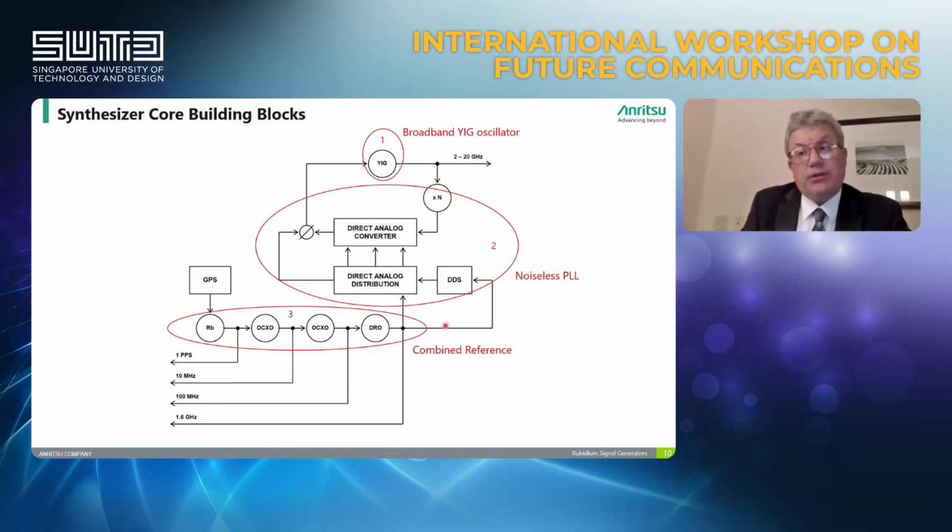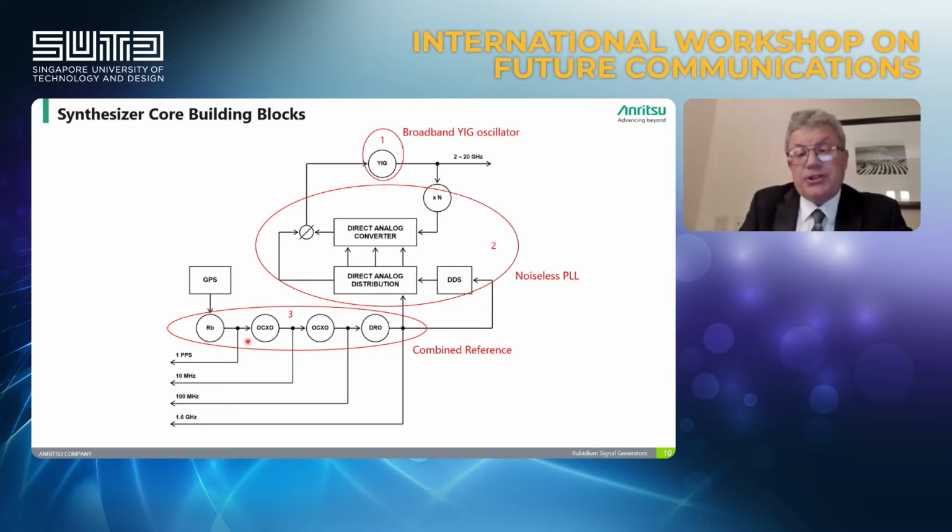In order to minimize that phase noise, we use a very complex reference by combining 4 different sources, such as a 10 megahertz OCXO, which is an oven-controlled crystal oscillator, a 100 megahertz OCXO, and a 1.6 gigahertz DRO, dielectric resonator oscillator, which are locked to each other.